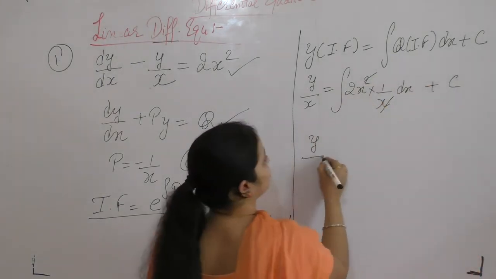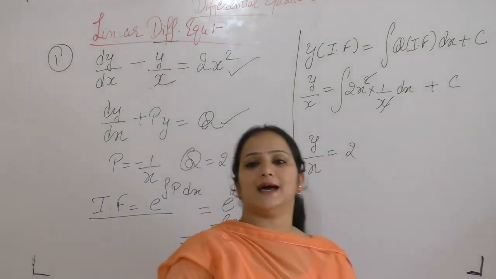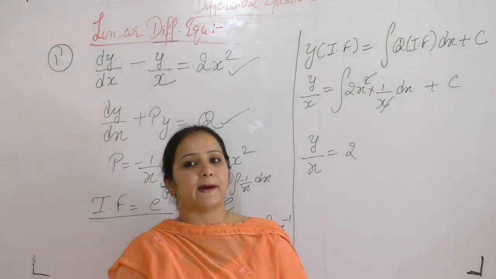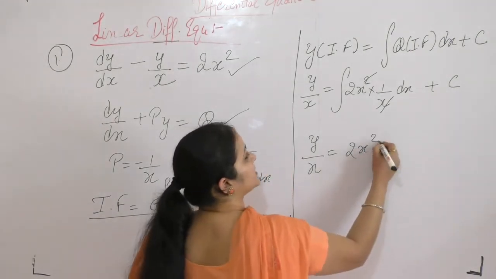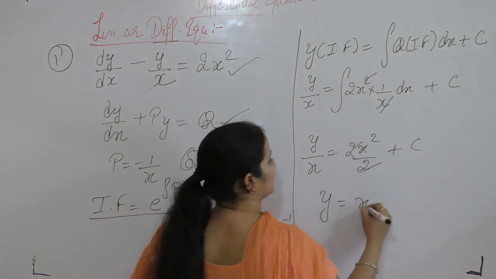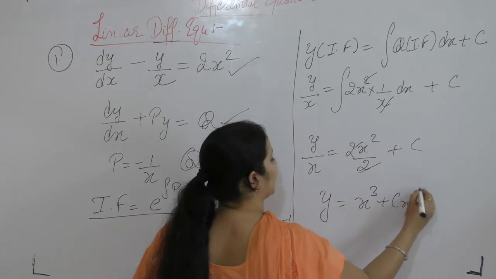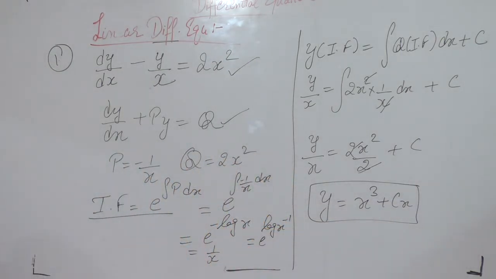The x will get cancelled. Integral of x by using the formula x power n plus 1 upon n plus 1. So 1 plus 1 is 2, plus c. So we get y is equal to x cube plus cx. Note it down.